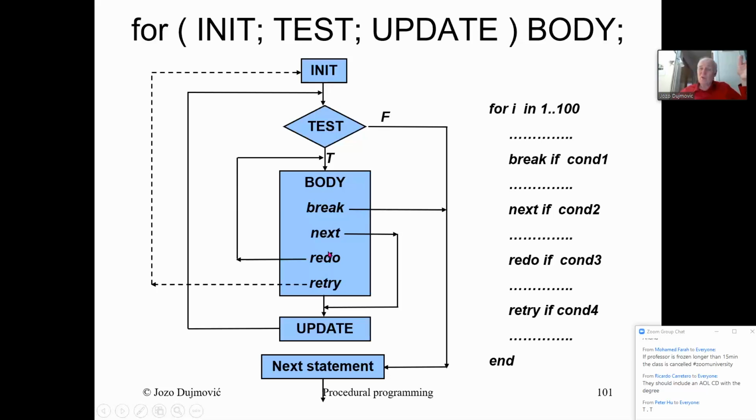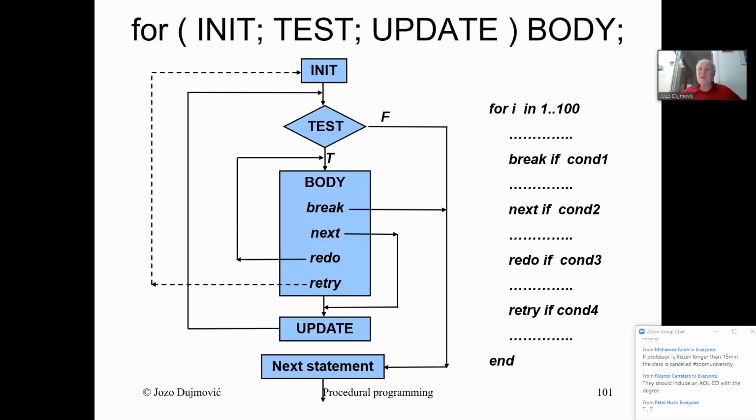So this is redo. And the worst case scenario is that the whole loop is in catastrophic condition. You have to repeat everything without breaking the program. This is retry. Retry is jumping to initialization. So if you have break, next, redo, retry, there is nothing more that can be done.